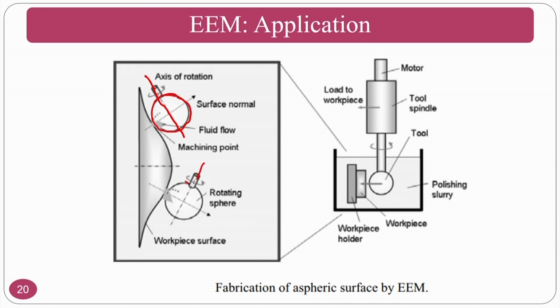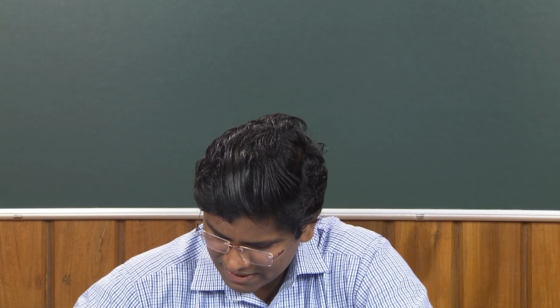Here this is one axis and this is another axis. When you want to get a smooth surface, you should always have a perpendicular direction. A sphere will always have the perpendicular direction if you orient it properly. This is how you can do the aspheric surfaces by the elastic emission machining process.